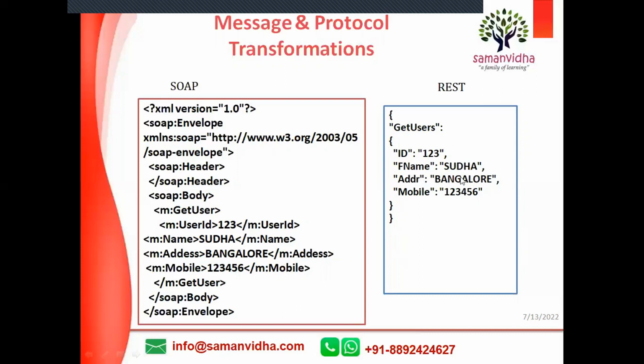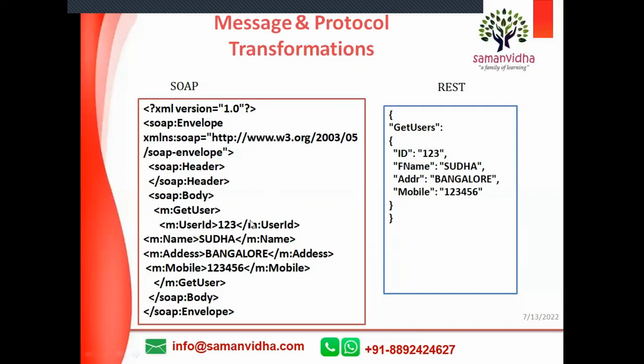So the elements are the same kind, but the naming is different. Here it is named as user ID. Here it is named as just ID. Here it is named as name in the SOAP message. In the REST message, it is named as F name, you can call it first name.